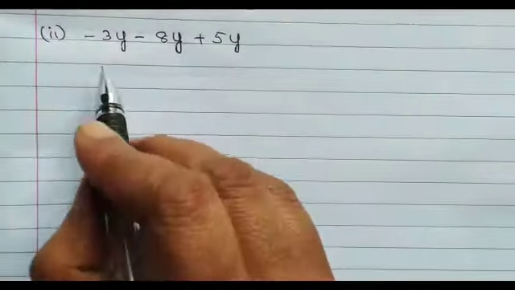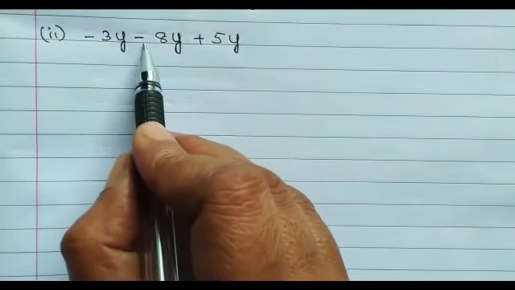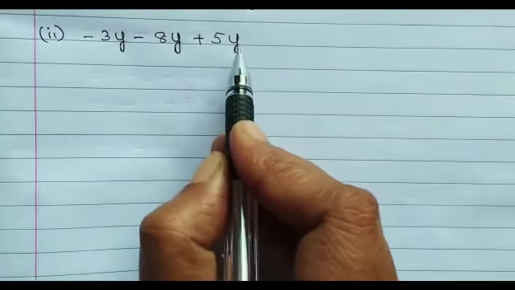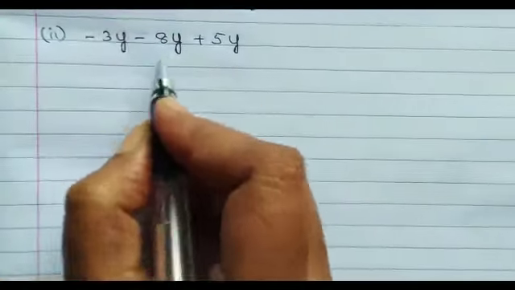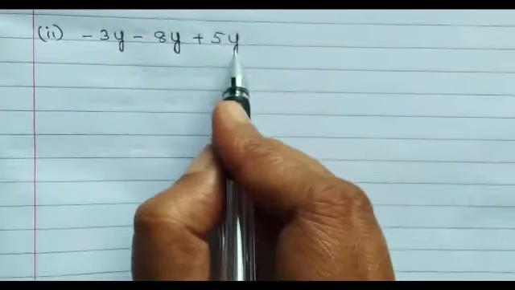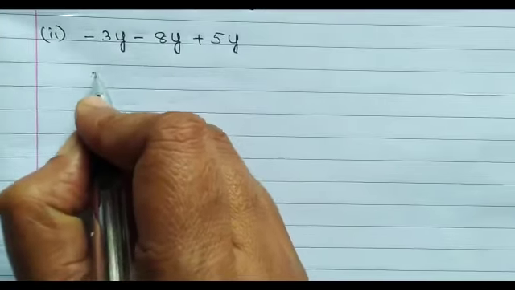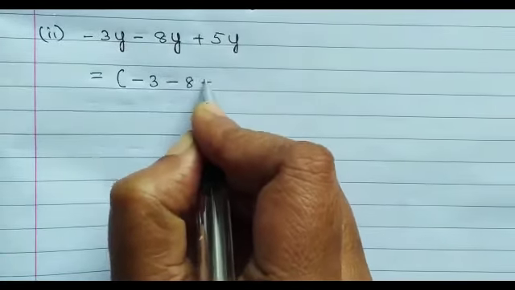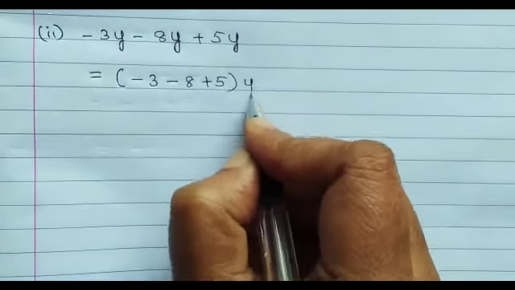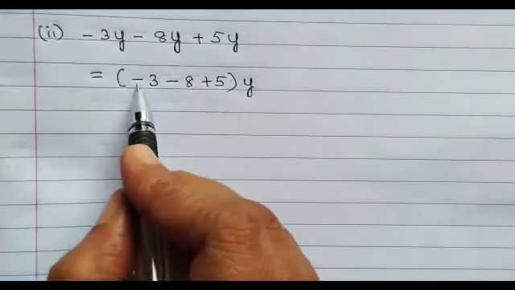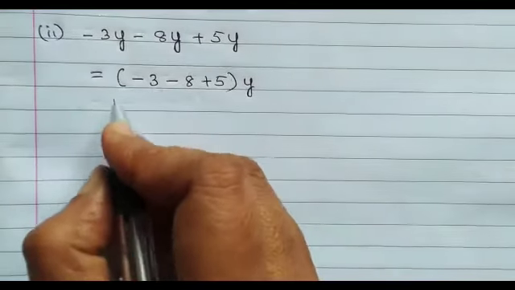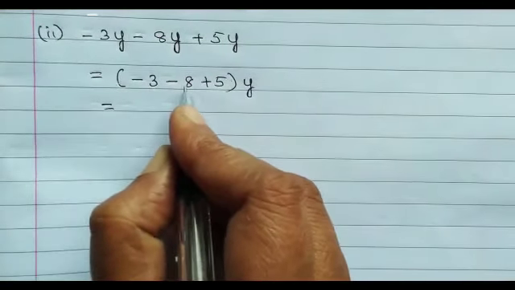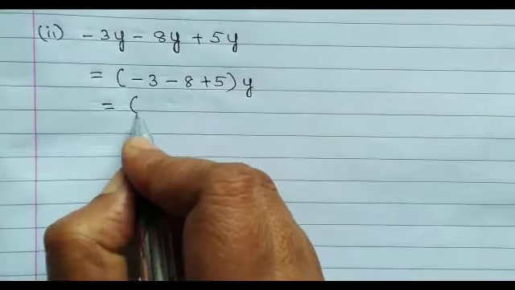Now let's see another example. Minus 3y minus 8y plus 5y. We want to add all these, all are like terms again. So we'll write the coefficients together. So you get minus 3 minus 8 plus 5 into y. Minus 3 plus minus 8 will give you minus 11. Keep in mind the addition of integers.